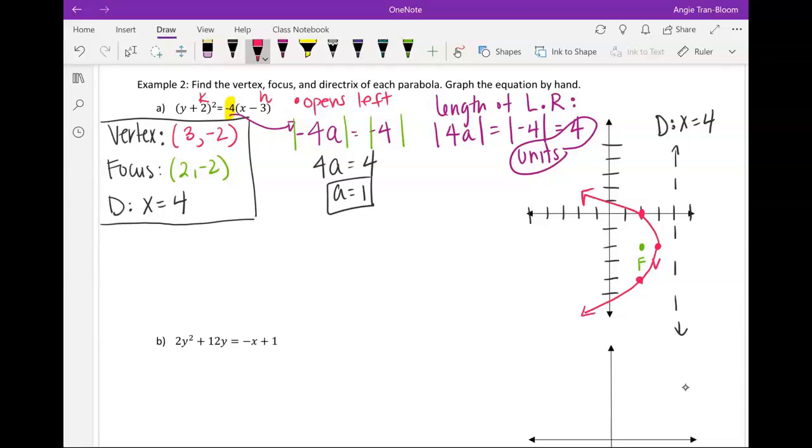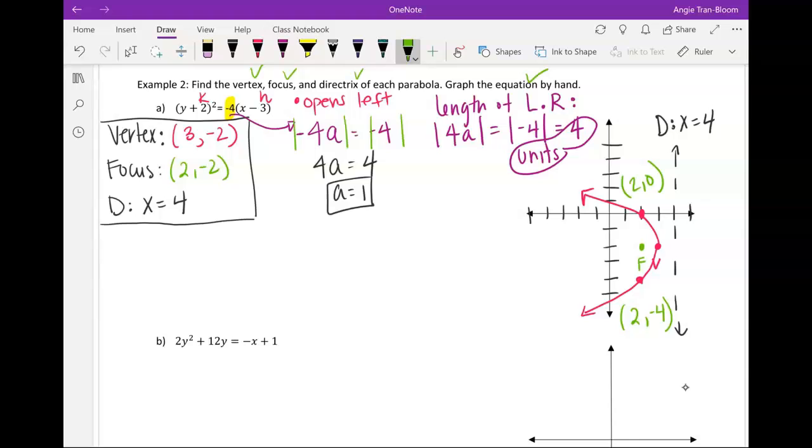And remember, I may ask you to find the location of the latus rectum, so might as well get used to labeling these. This is 2, 2, and then this is going to be 2, -2. Okay, so those are them. We graphed it by hand, checked. We found the vertex, the focus, and the directrix of each parabola.